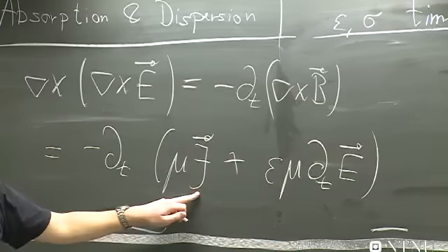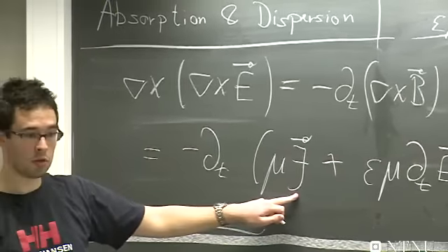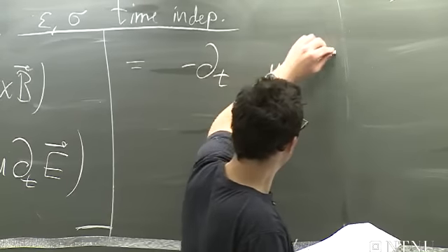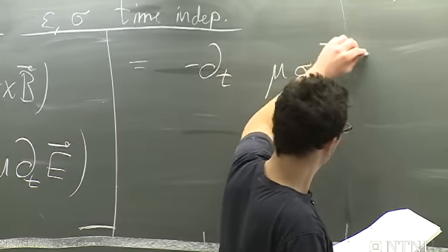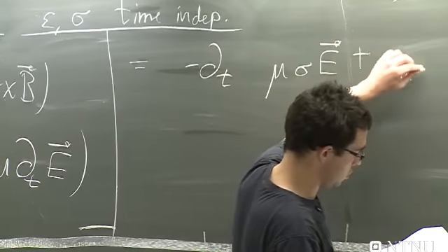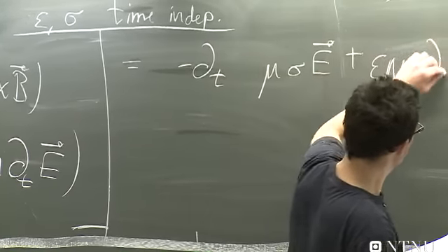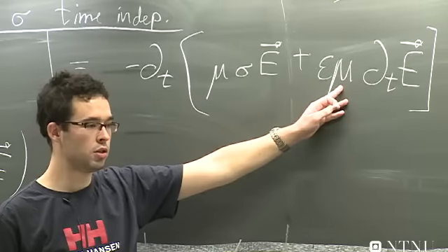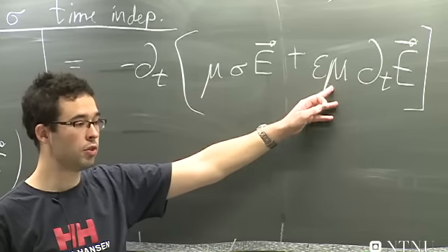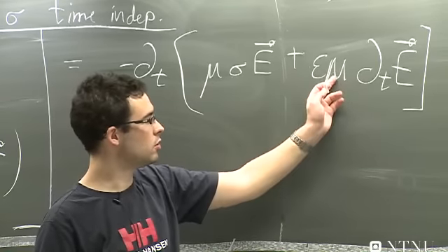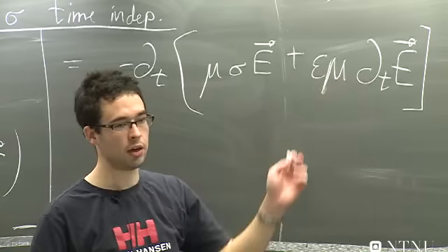And if I insert Ohm's law again, I will get minus dt mu sigma E plus epsilon mu dt E, like this. Okay? Now I'm assuming that mu is a constant with respect to time, so I can just take it inside or outside the derivative as I want.